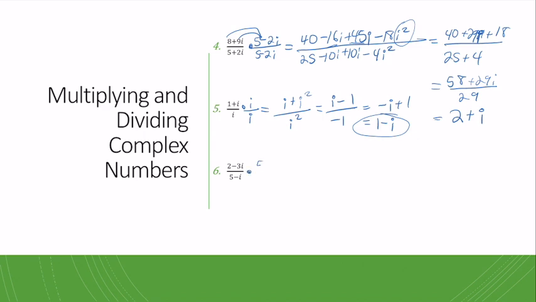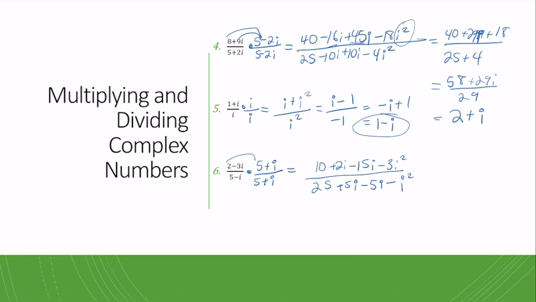For 6, this is another example where I need to multiply by the conjugate. The conjugate of 5 minus i is 5 plus i. I'm going to have 10 plus 2i minus 15i minus 3i squared, all over 25 plus 5i minus 5i minus i squared.